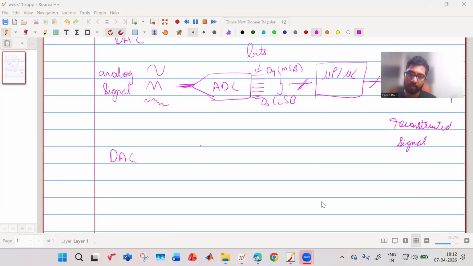Okay, so successive approximation, that is one ADC.